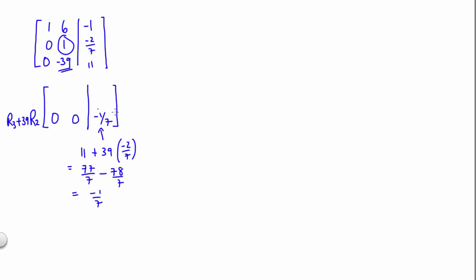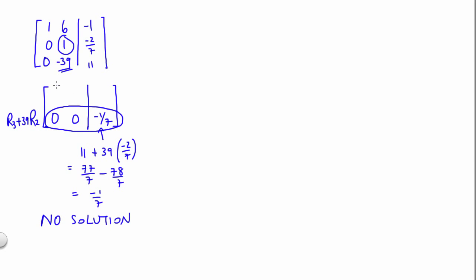The important thing that we're realizing here is that this entry is not 0. As soon as we take a look at this bottom row, we've got 0, 0 on the left-hand side, something non-zero on the right-hand side, so we can conclude that the system has no solution.